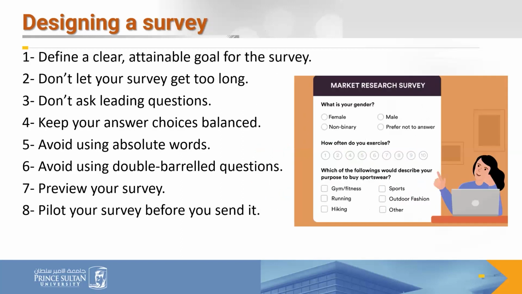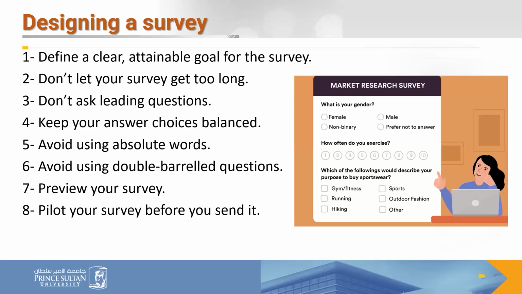For surveys, we need to define a clear and attainable goal for the survey. Don't let the survey be too long, otherwise people will get bored. Don't ask leading questions. Leading questions are questions in which you include your opinion. Like you tell them, how helpful is this? I mean, you're already telling them it is helpful. Keep your answer choices balanced.